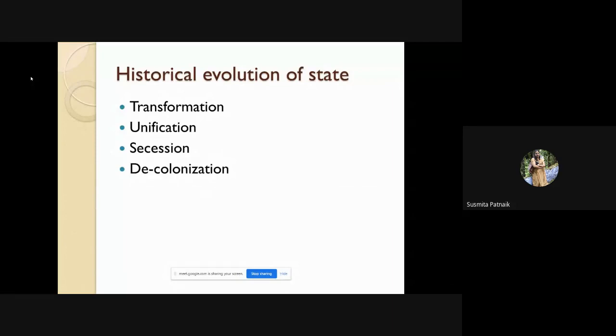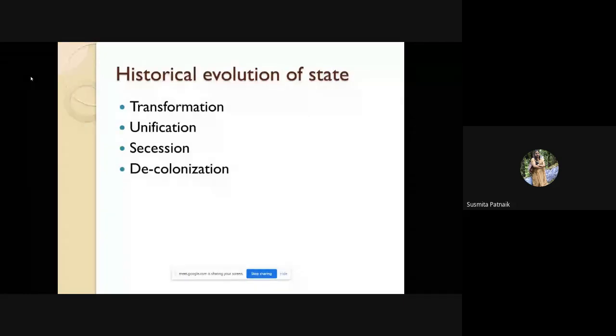The bigger country took advantage of the country for its political, economic, or social benefits. Take for example the UK. India was a colony of the UK. The UK took the economic advantages from India.